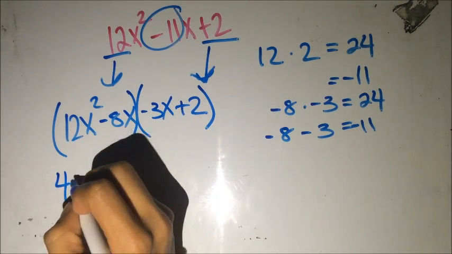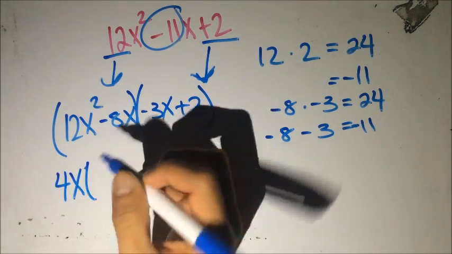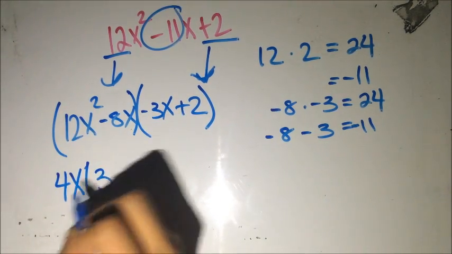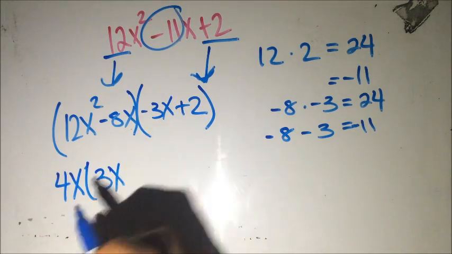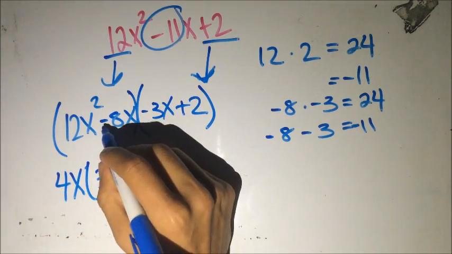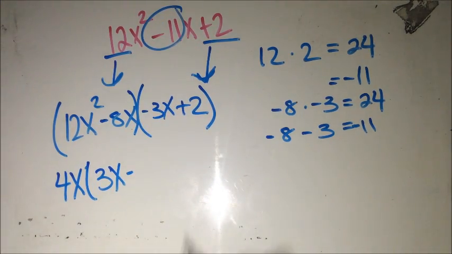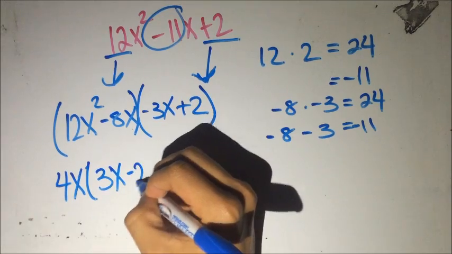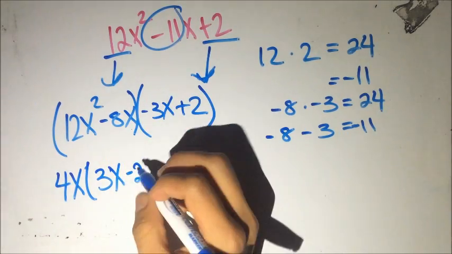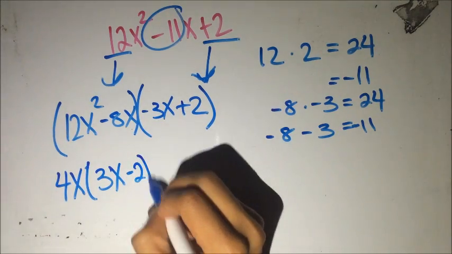So 4, since it's x squared, we need an x on the outside, times 3 because it's 12, and the x because it's squared. Then, since it's a negative 8, you put a negative. 4 times 2 equals 8, and we don't need to put in another x since it's already here.